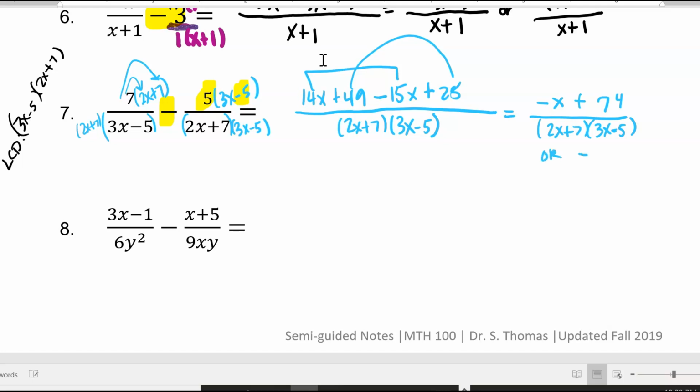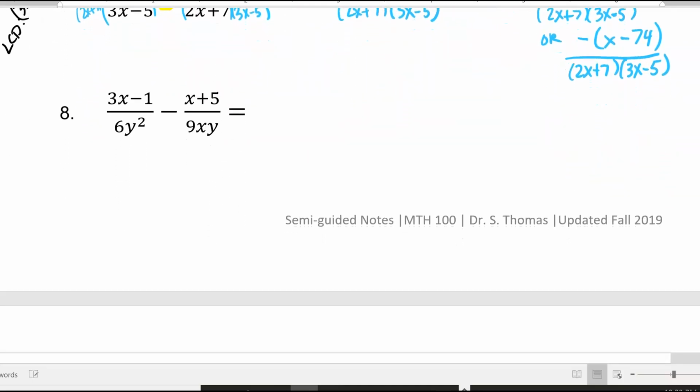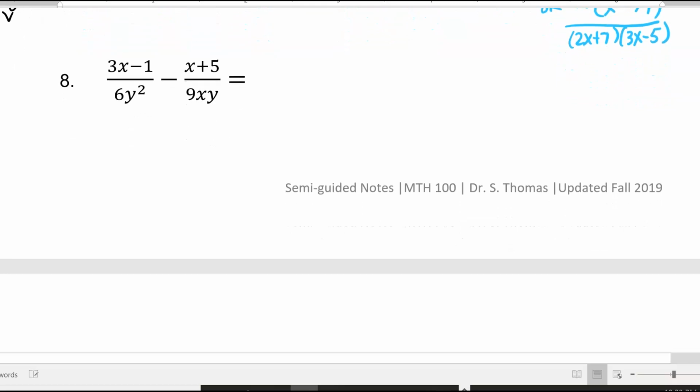But again, you could factor out a negative 1, and then it'll be negative parenthesis x minus 74 over 2x plus 7 times 3x minus 5. It's just good to know how to manipulate negative ones and extracting that from a polynomial, because it may be helpful in other situations.